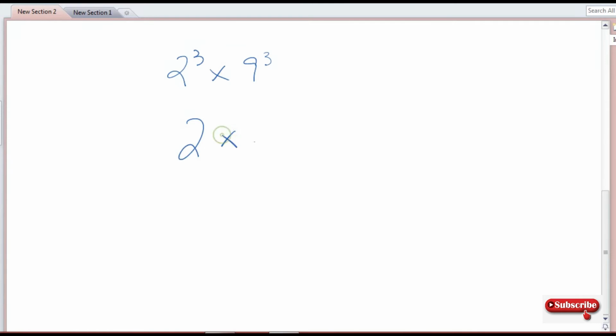So we can say that 2 multiply 9 whole power 3, that's equal to 2 9s are 18 whole power 3. So this is the concept of the fourth law.